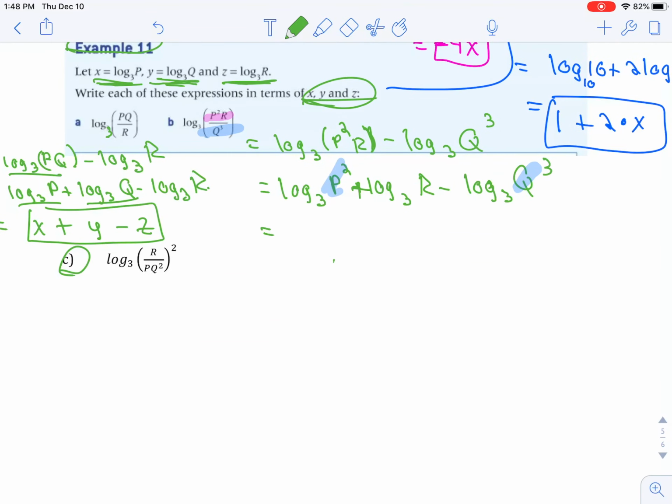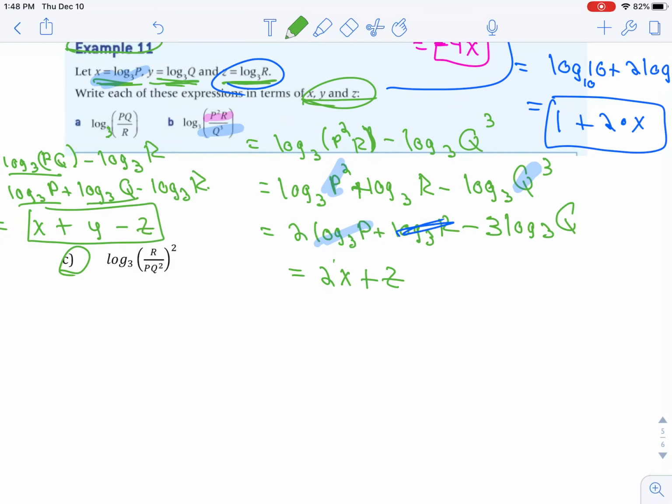So this becomes 2 times the log base 3 of P plus the log base 3 of R minus 3 times the log base 3 of Q. Now when I sub in, log base 3 of P is x, so this becomes 2x, plus log base 3 of R, that's z, minus 3 times the log base 3 of Q, which is y. So we end up with 2x plus z minus 3y.